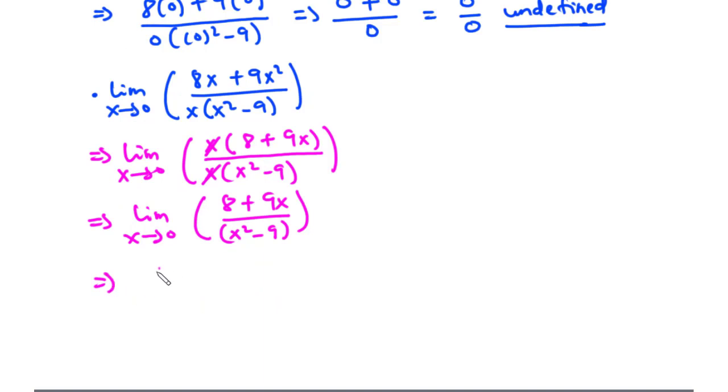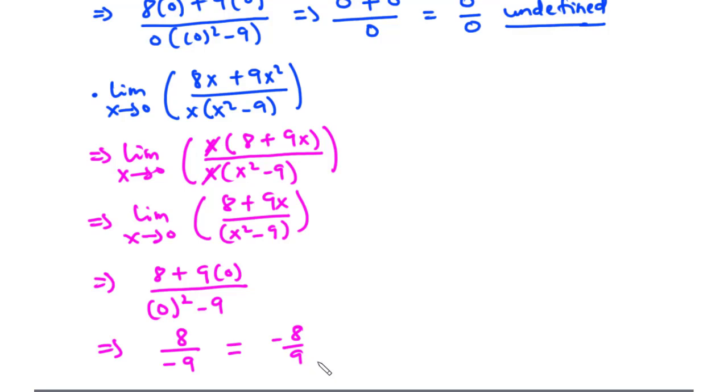So we are going to have 8 plus 9 times 0 divided by 0 squared minus 9. Now 9 times 0 is 0, so we have 8 plus 0, which is 8. And then we have 0 squared to be 0, and then 0 minus 9 is negative 9. So we have our limiting value to be negative 8 over 9.